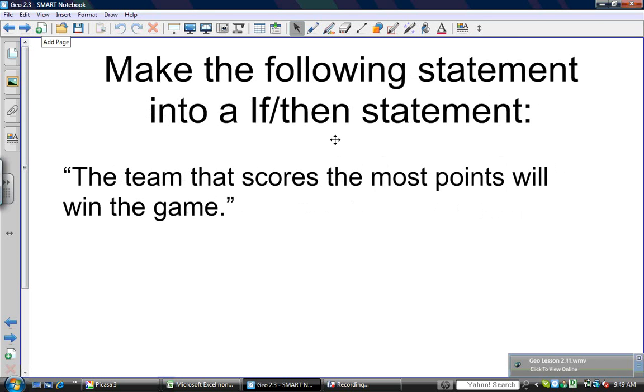So if we want to make the following statement into an if-then statement, the original statement is the team that scores the most points will win the game.